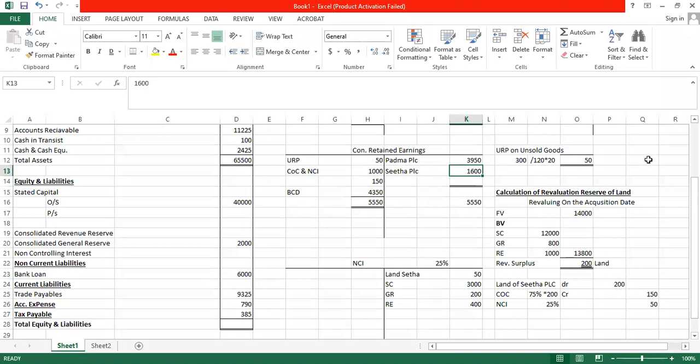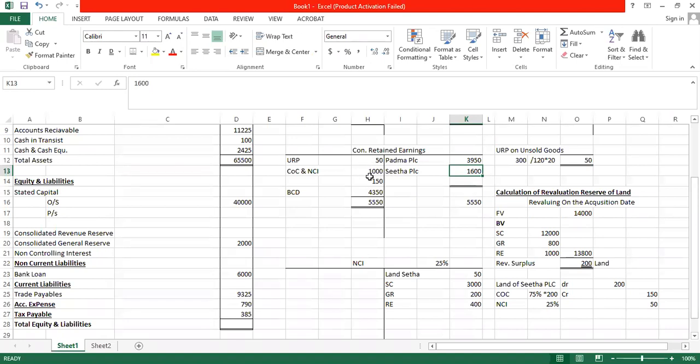Now the balance sheet's given value for the retained earnings of Sita PLC is 1,600. But from this 1,600, we already take the 1,000 pre-acquired retained earnings. It's given in your second information that this 1,000 is pre-acquired.